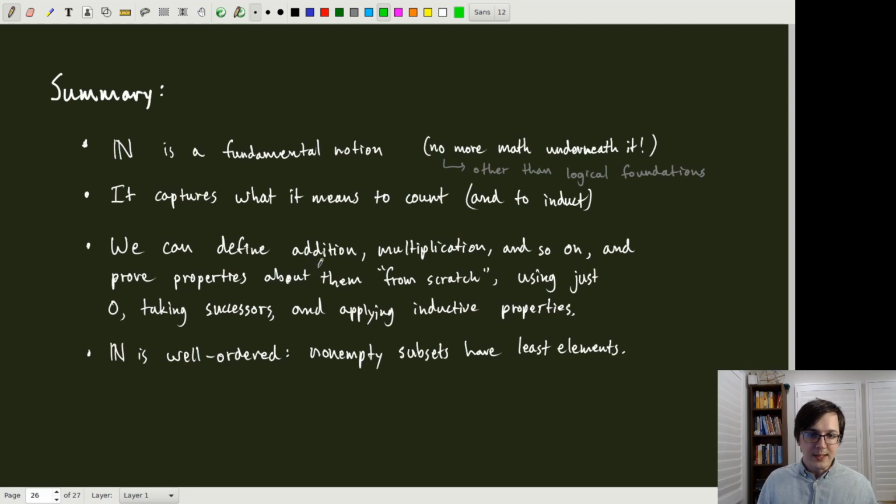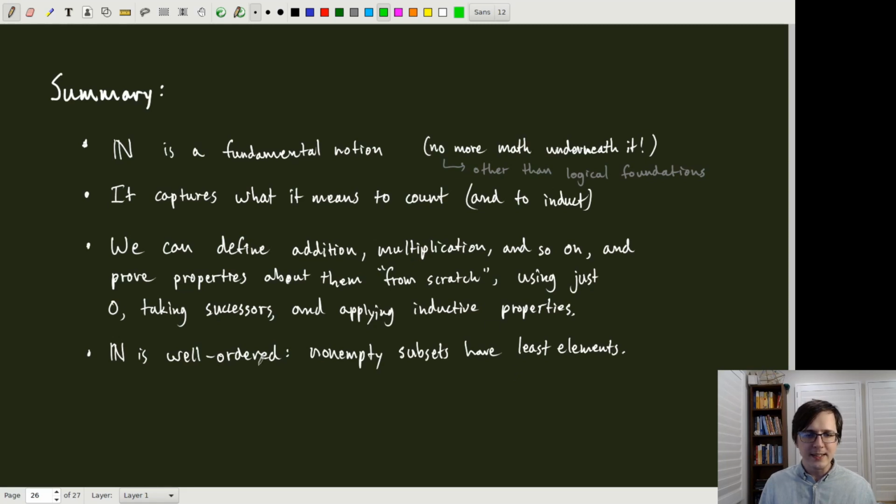And using that, we defined addition and multiplication from scratch, and we proved some properties to show that it can be done, and to give you some examples of what a structured mathematical proof could look like. We did all that just by assuming that we had 0 and this abstract idea of taking successors, and we applied the axiomatic inductive properties.